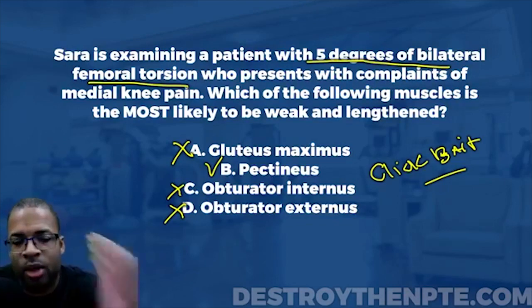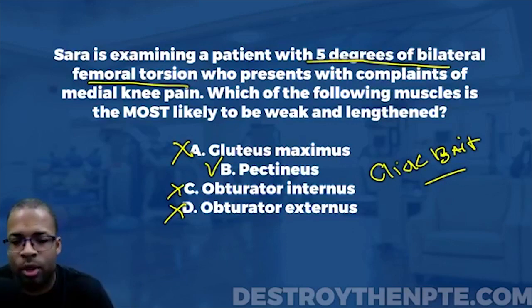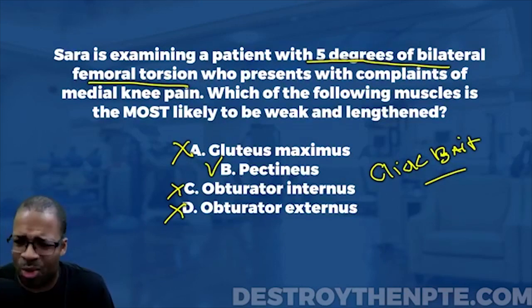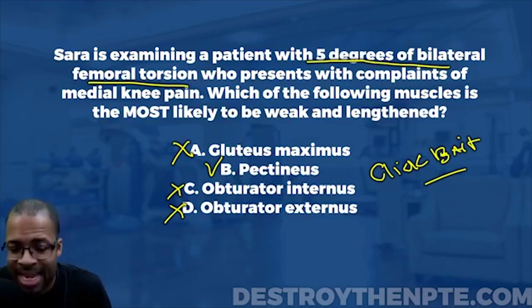And so we looked down at the answer choices and we saw glute max, and maybe we eliminated that one. You were like, no, it can't be that. That's an external rotator. And you looked at Pectineus and you're like, I don't know if that's an internal or external rotator. I have no idea. Then you looked at C, Obturator internus, and you're like, I like C. I don't know why I like C, but I like it.